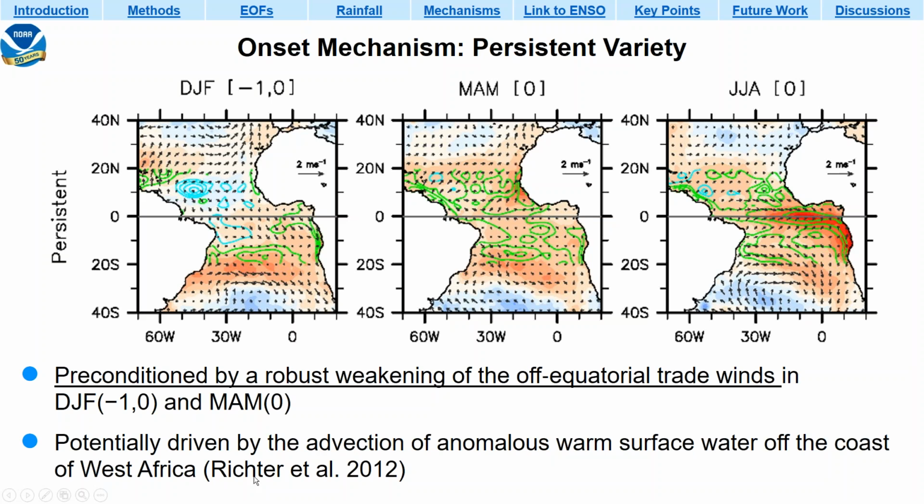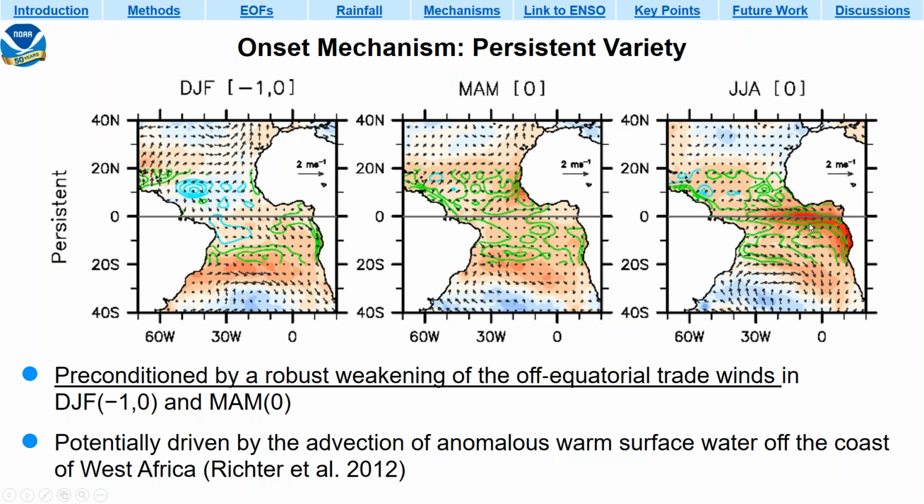So anyway, Richter et al. 2012 suggested that this accumulation of the warm water volume can later be transported, advected to the equator by the ocean current, and through the Bjerknes feedback, that could create a big Atlantic Niño event, such as what you see here.